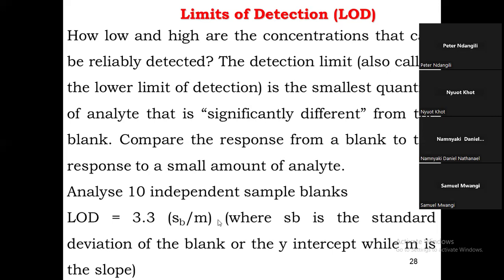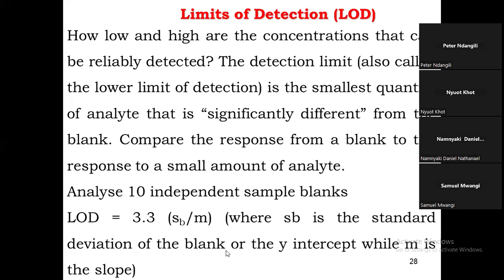So that's how you do it. You take 3.3 times the standard deviation of the blank and you divide by sensitivity. Here we call it calibration sensitivity, but to avoid ambiguity, just say that you divide by the slope.